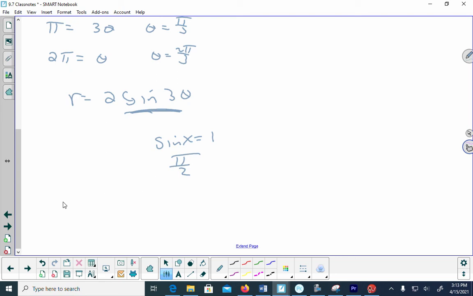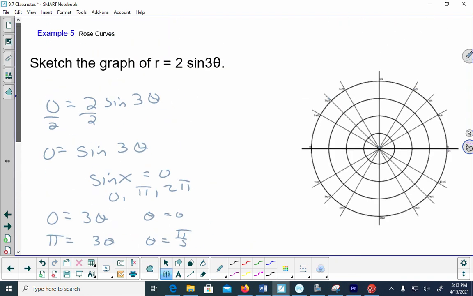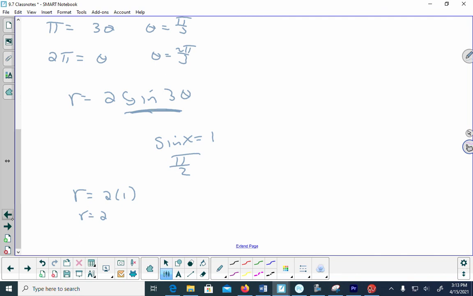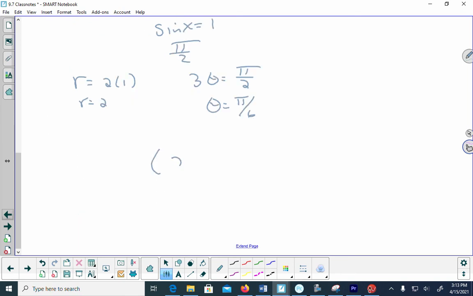So r will equal, the max would be 2 times 1, so r is equal to 2, which I knew because that's the number out in front. And then that's going to occur when 3 theta is equal to pi over 2, so theta is equal to pi over 6. So I know one of my petals is going to be at pi over 6.